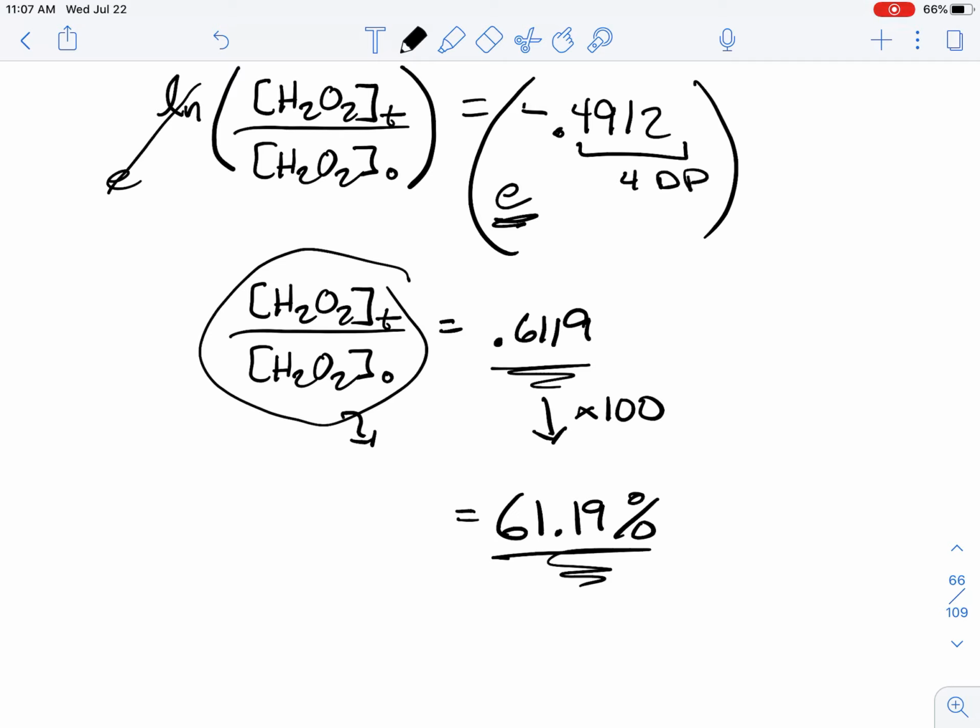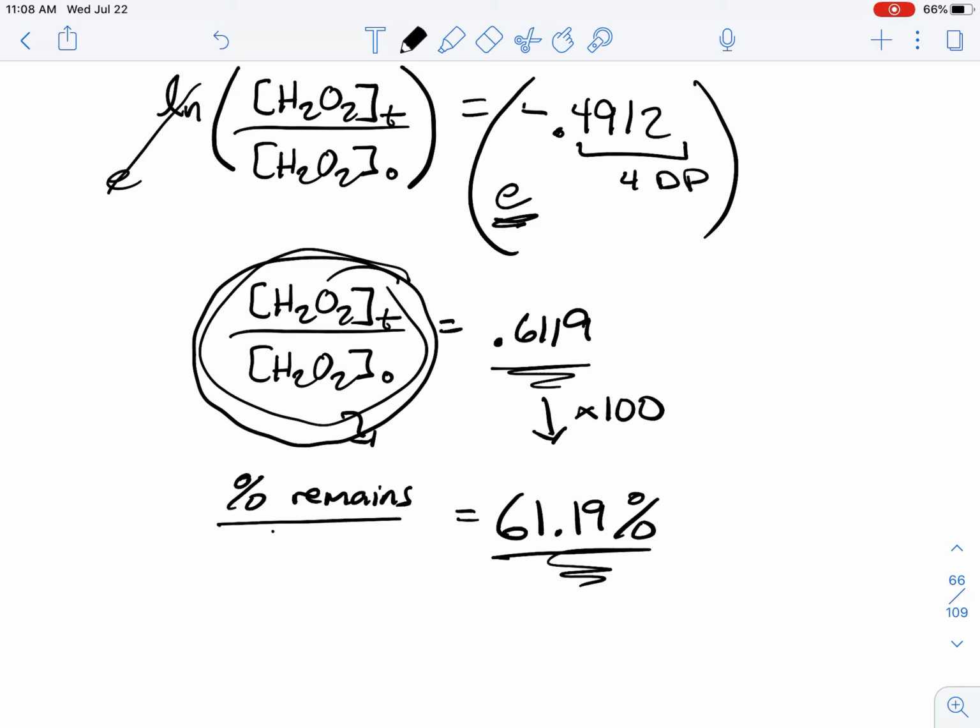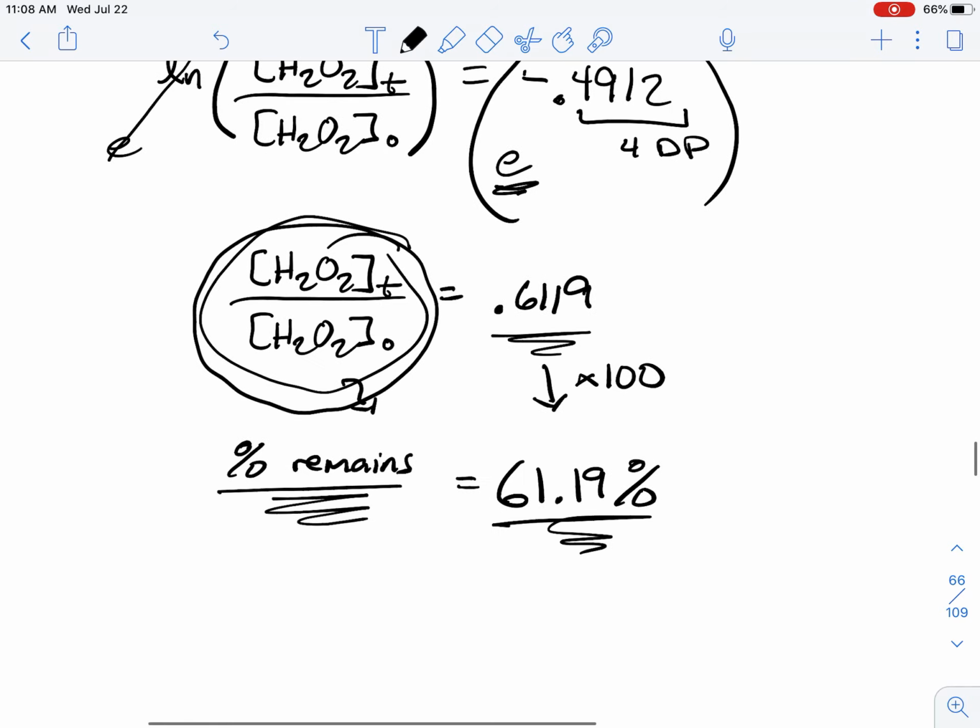Whenever you're trying to solve for the ratio of your reactant between some period of time and the initial concentration, what this is really describing is the percent that remains. So you always have to keep that in mind.